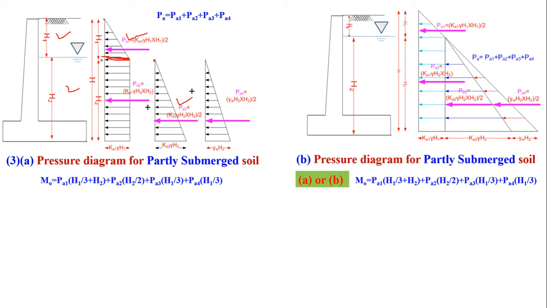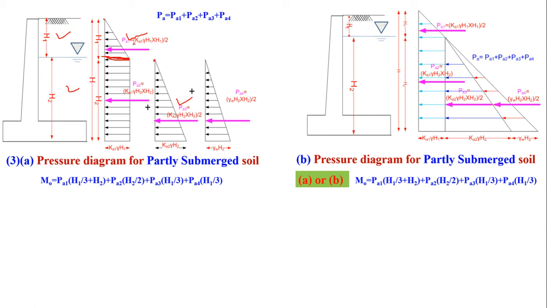So we can convert this diagram into two parts, a triangular portion and a rectangular portion, and find the magnitude of force separately for the triangle and the rectangle. For the triangle it is half base into height, and for the rectangle the area is height into width. The width is K1 gamma into H1, and the height is H2, so that gives us the force PA2.